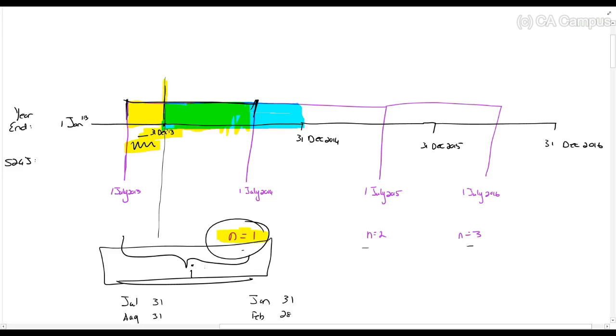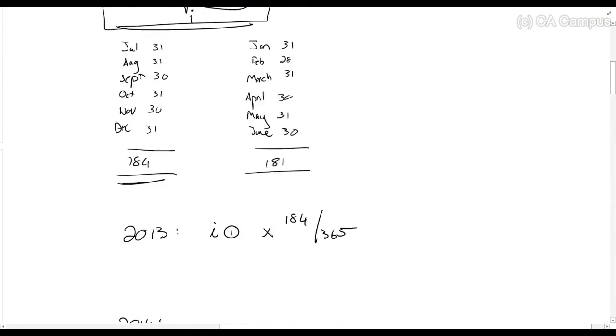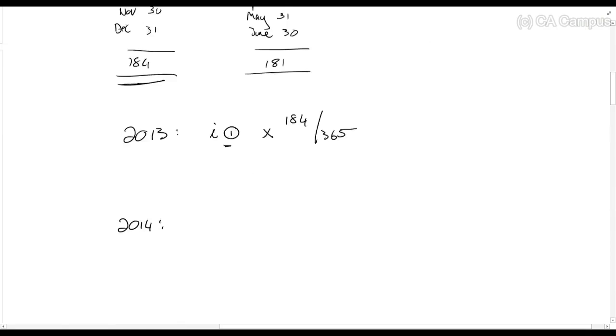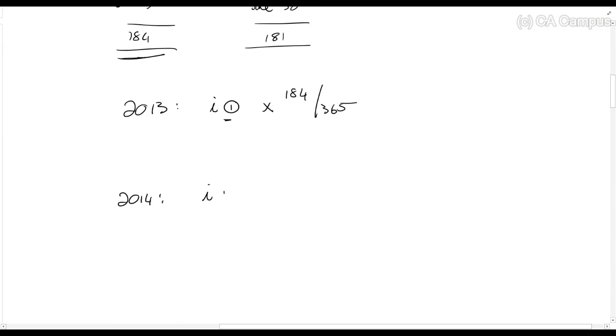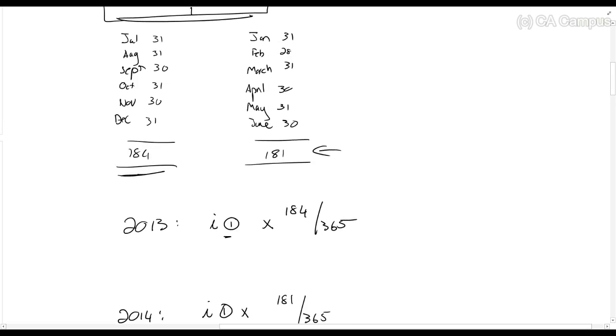But it's now just from January to July. So this I1, in 2014, you'll now have I1 times 181 over 365 days. 181 is from January until June.